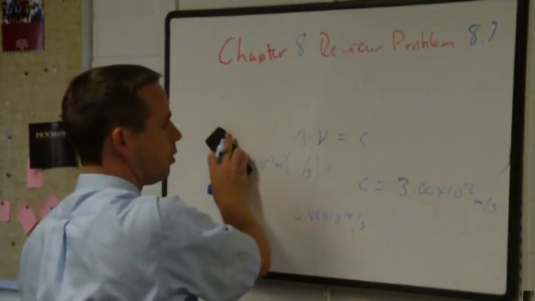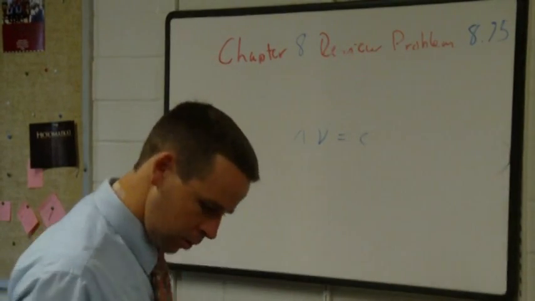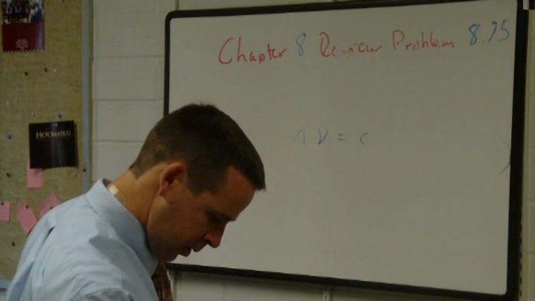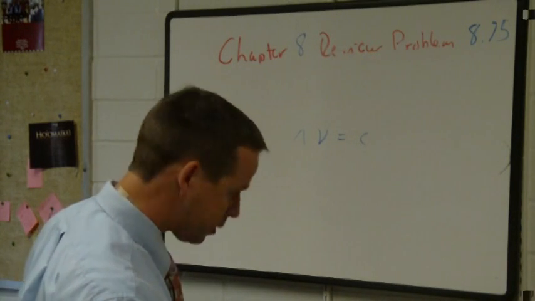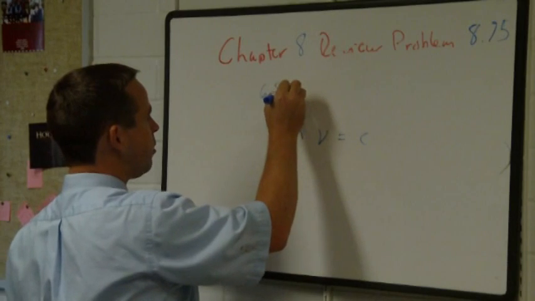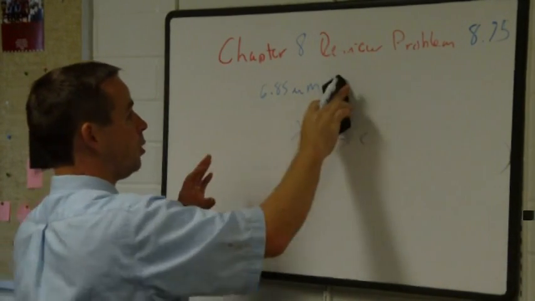875. A certain substance strongly absorbs infrared light at a wavelength of 6.85 micrometers. What's the frequency of light in hertz? Alright, 6.85 micrometers. We have to convert that to meters.